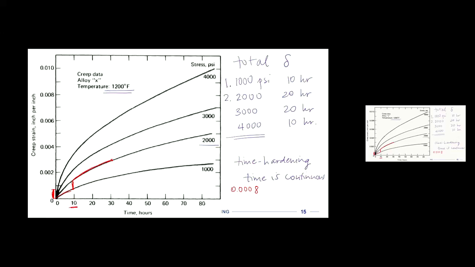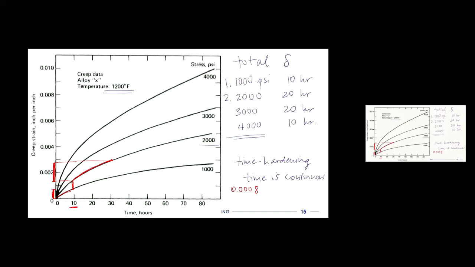And our creep strain is now the change from where we ended up to where we started on that line. So it's this red bar that I'm drawing here. So you can see that it's discontinuous, right? And so that's the drawback of this technique, but it's continuous in time. So that's the advantage, and it takes into consideration the time history because it's already been under some stress for 10 hours, right? Now it's under this next stress for 20 hours.